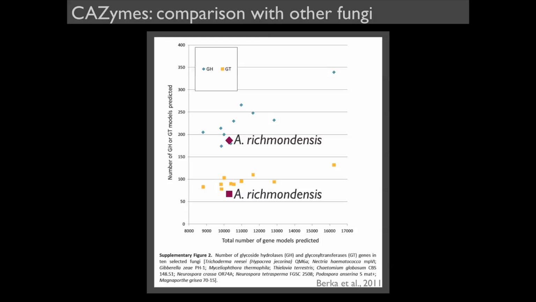I've superimposed our data here from A. richmondensis, and that's shown in purple. You can see at the top that the A. richmondensis genome has approximately a similar number of GHs relative to the number of genes in the genome, similar to that of the other fungi.